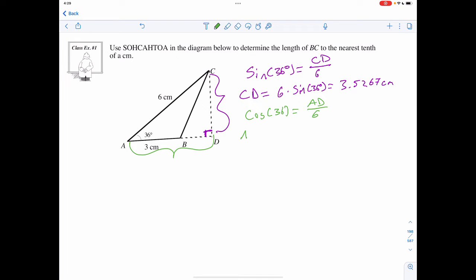So AD is going to equal 6 times cos of 36 degrees, which is going to give me approximately 4.8541 centimeters.